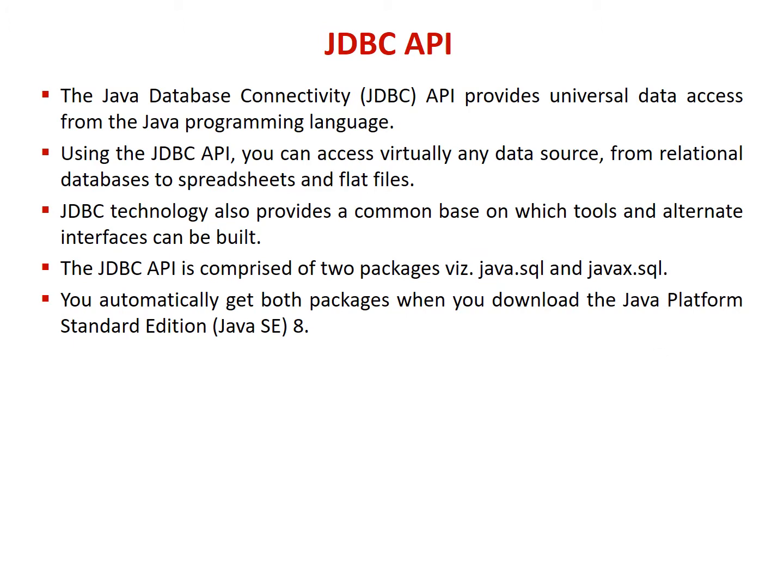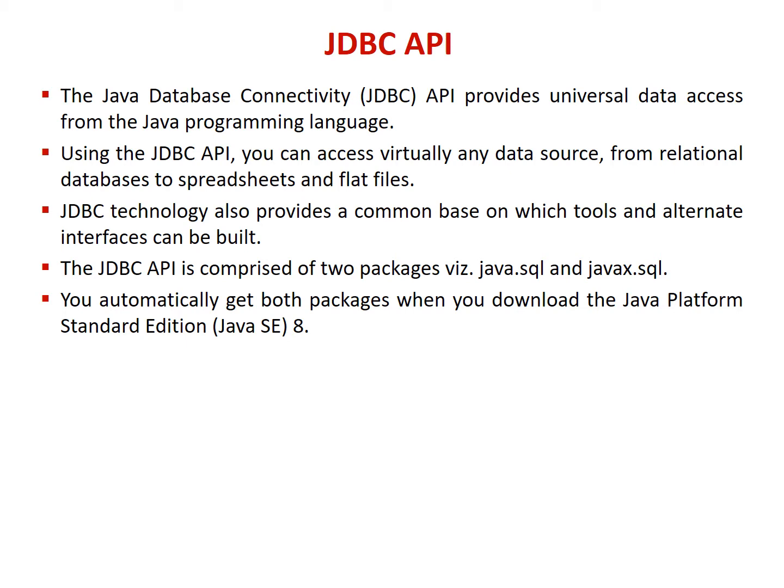The JDBC API provides universal data access from the Java programming language. Using the JDBC API, you can access virtually any data source, from relational databases to spreadsheets and flat files. JDBC technology also provides a common base on which tools and alternate interfaces can be built.